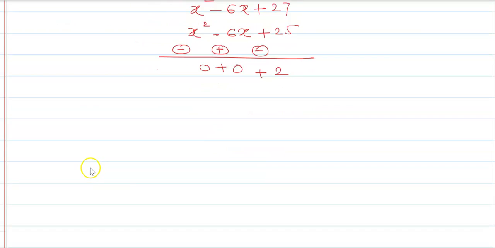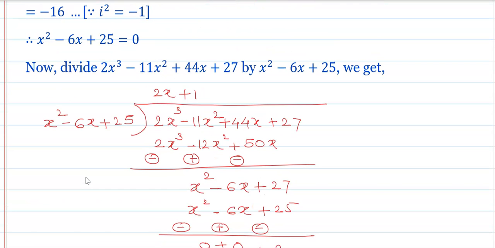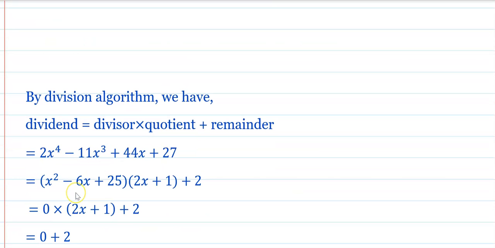Again by the division algorithm. See this here. Dividend is equal to divisor into quotient plus remainder. Therefore, this is the dividend. x square minus 6x plus 25 is the divisor. What about the quotient? Quotient is 2x plus 1. Remainder is 2.